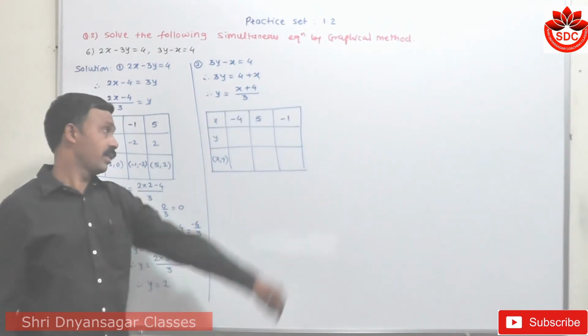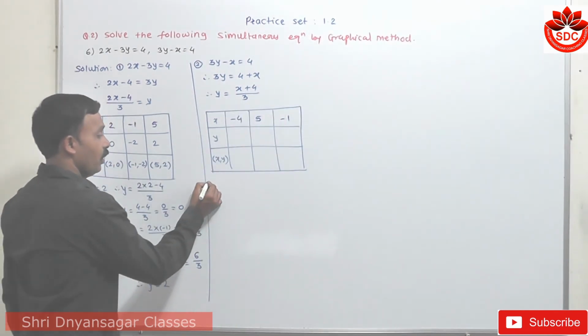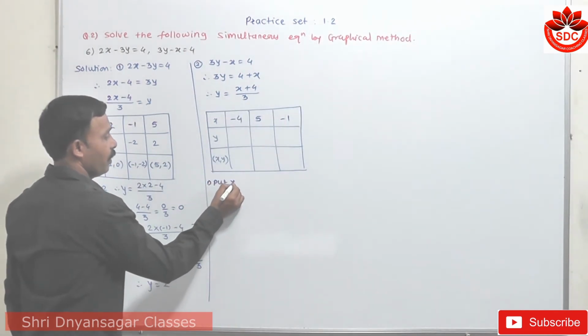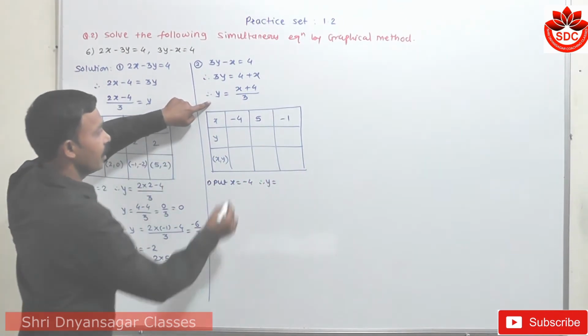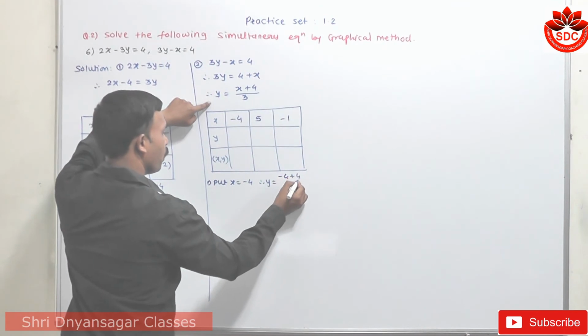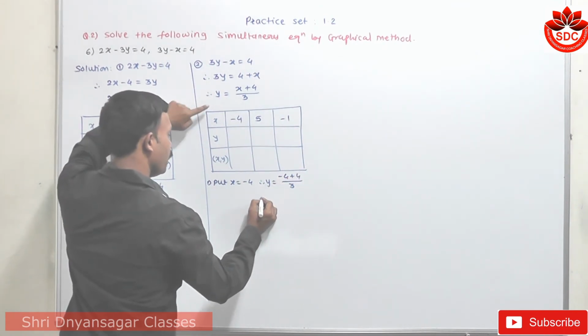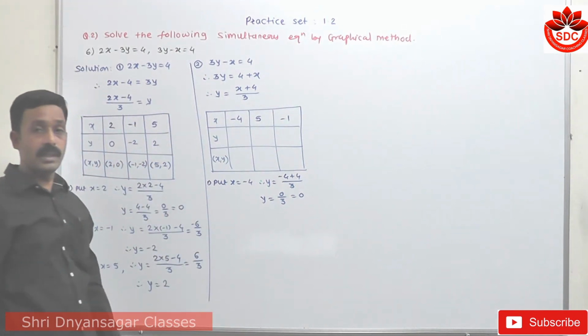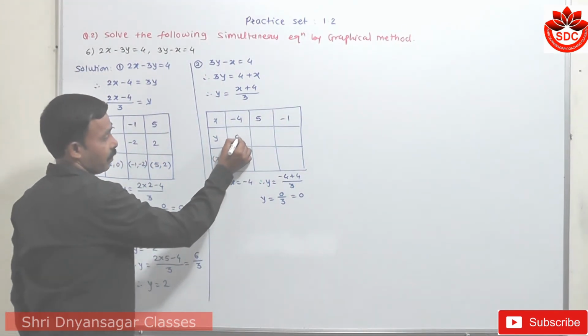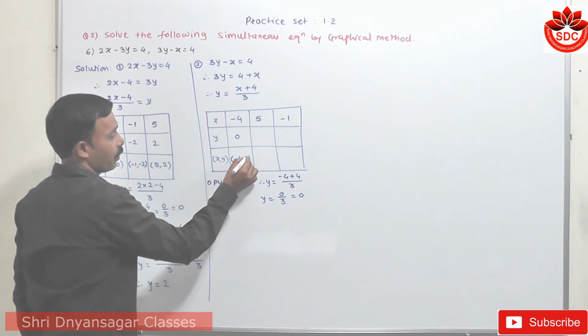So put the value of x as minus 4, we get y is equal to minus 4 plus 4 upon 3. Means y is equal to 0 upon 3, and 0 upon 3 is 0. So the first pair is minus 4 and 0.